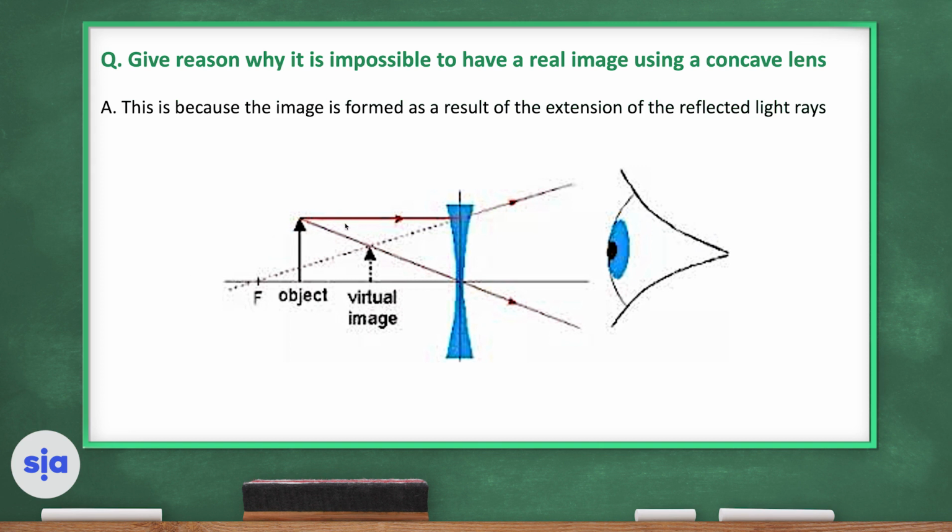You will see these are the light rays which will hit the lens, and because this lens is a diverging lens, it will separate the light rays away. The extension of these reflected light rays will make the image. That's why it's always a virtual image. It's not a real image.